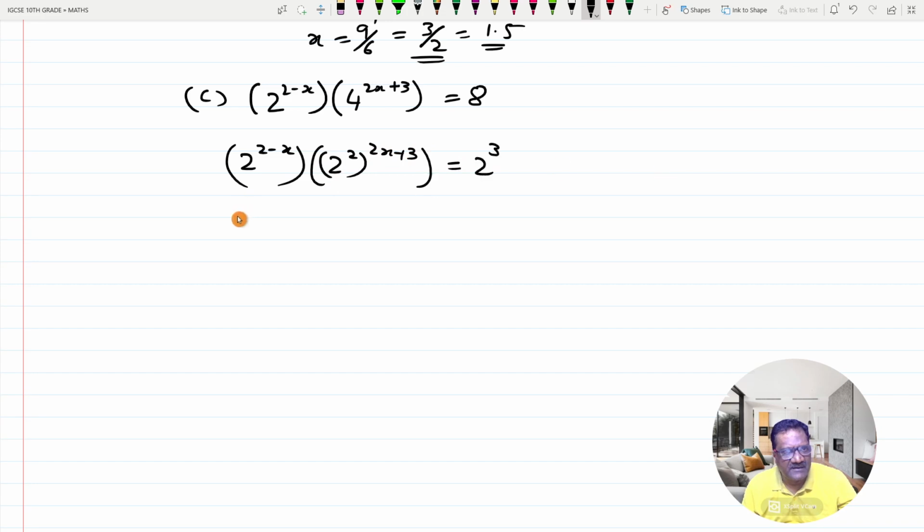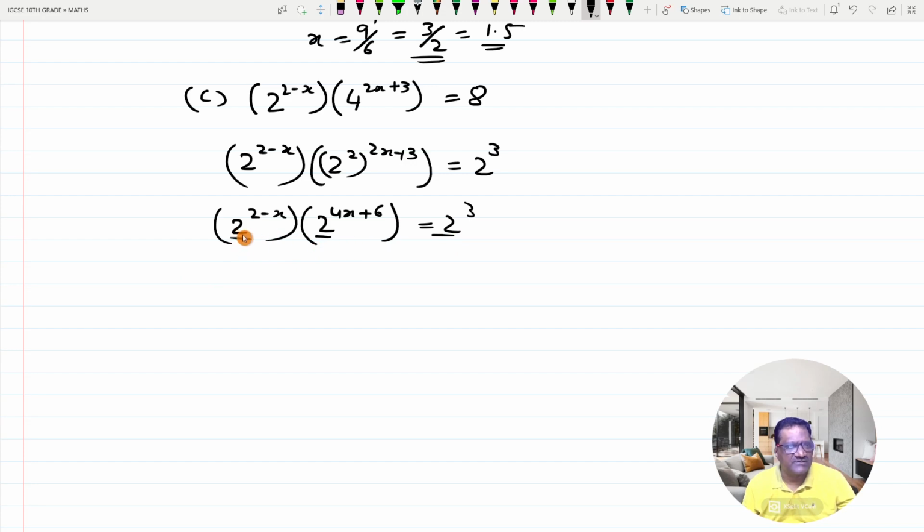Fine. Now again I'll do 2 raised to 2 minus x bracket. In this bracket I'll do what? 2 raised to 2 into 2x plus 3, that will be 4x plus 6, right, equal to 2 raised to 3. Now I can see that here everywhere the bases are same, or rather let me do the left hand side first.